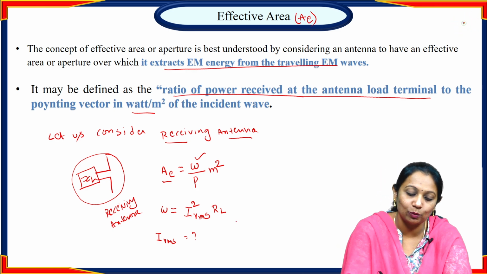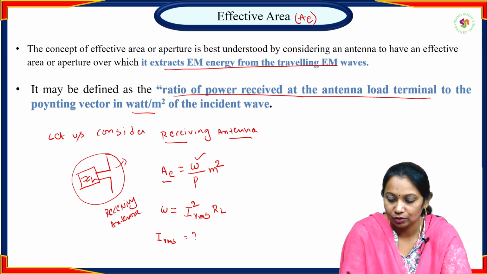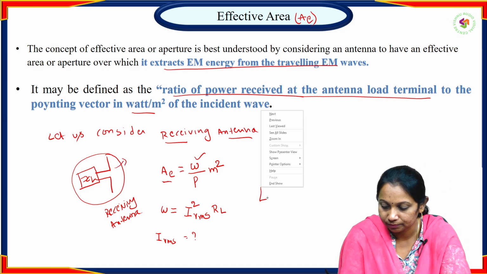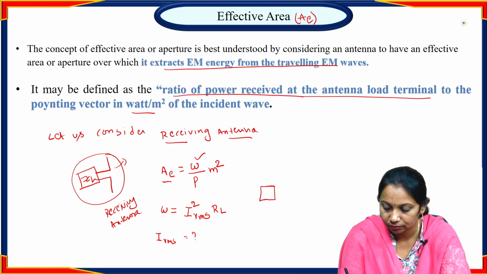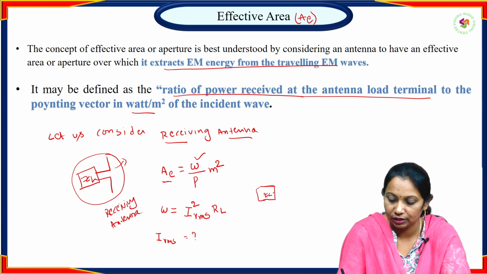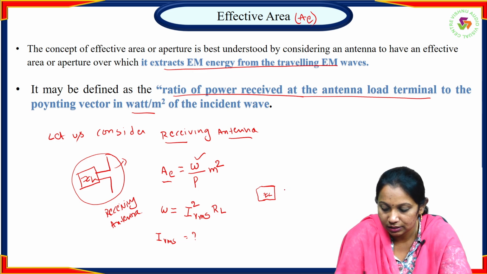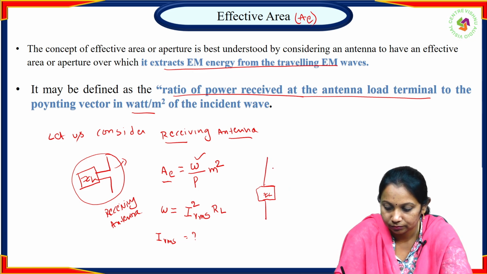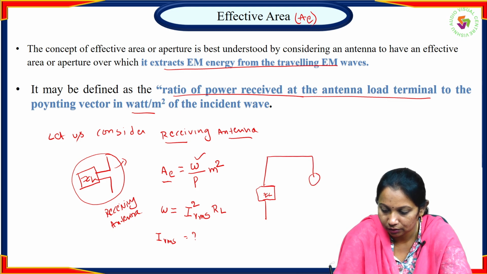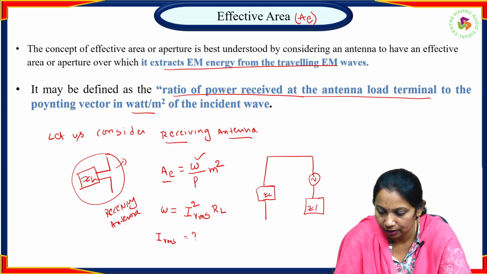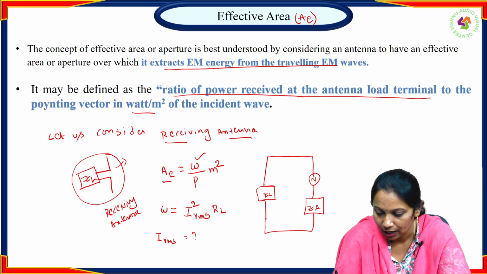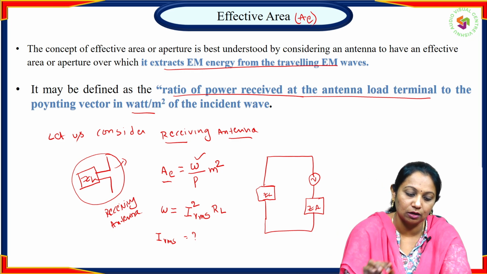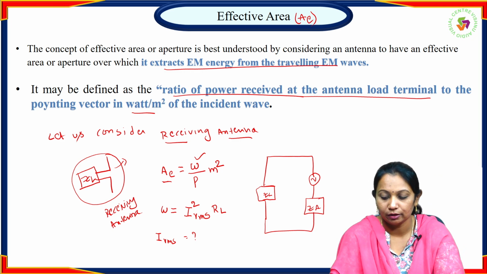The Thevenin's equivalent circuit for this system: we already have the load impedance, and in place of the antenna we represent it with the antenna source as well as the antenna impedance. This is the equivalent circuit for the receiving antenna with the terminated load.